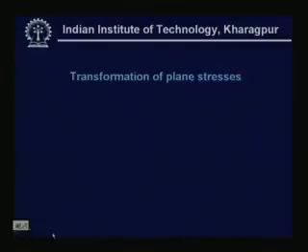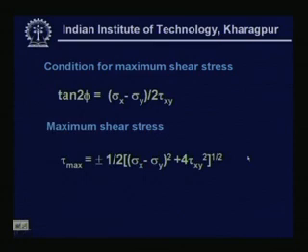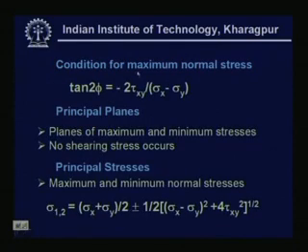Now, if we go to the transformation of stresses, the condition for maximum normal stress we have just derived is this tan 2 phi. Principal planes are the planes of maximum and minimum stresses, and no shearing stresses occur there. The principal stresses, maximum and minimum normal stresses, are given by relationships 1 and 2.